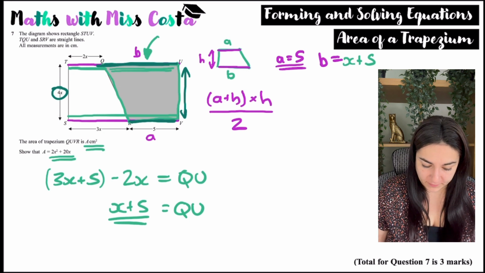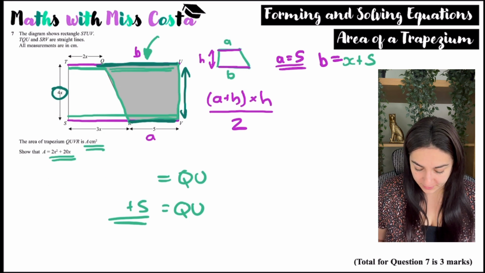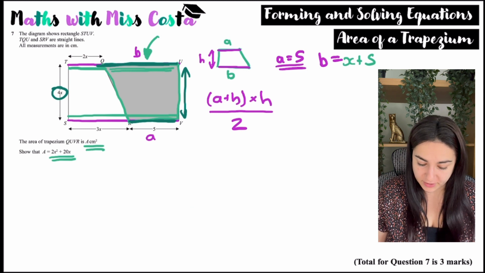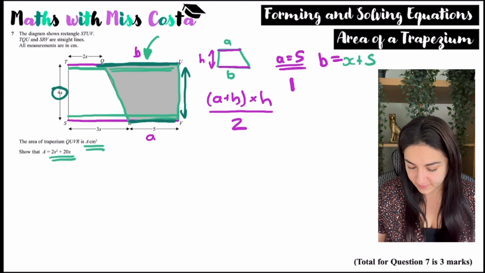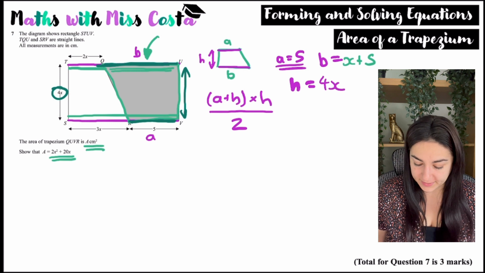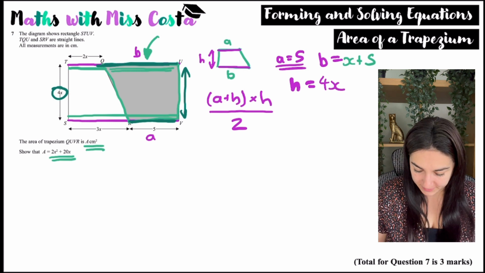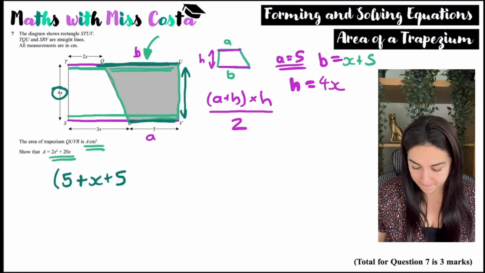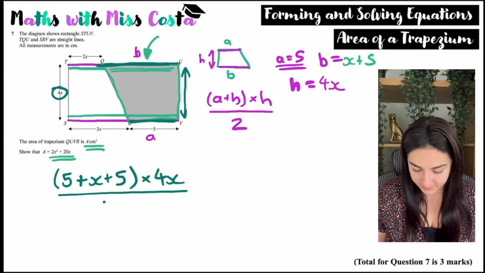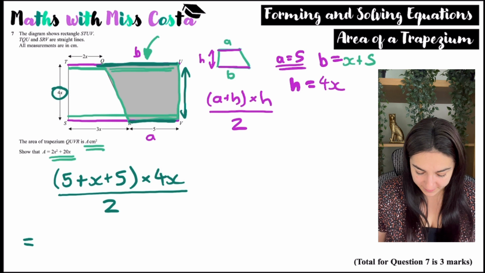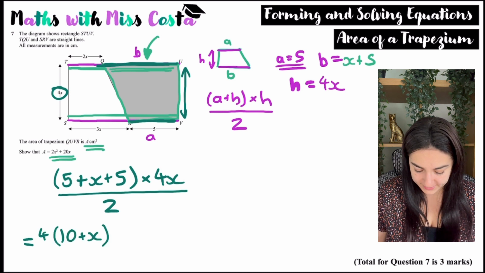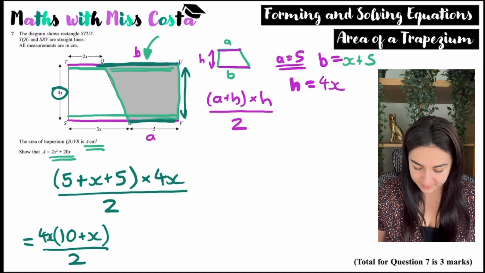But let's see what we do next. So I know the value of A, I know the value of B, and I know the value of the height, which is 4x. So all I need to do is substitute into the formula. So A plus B would be 5 plus x plus 5. And then I multiply that by 4x, and then I divide everything by 2. So let's simplify that. That would become 10 plus x multiplied by 4x, in a bracket, divided by 2.